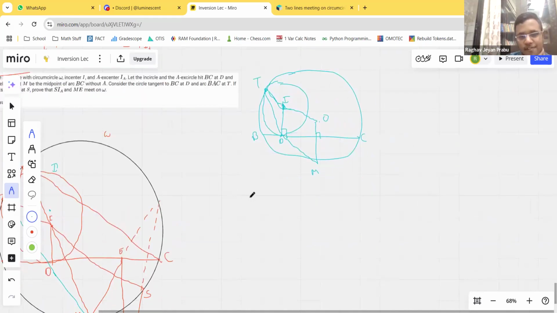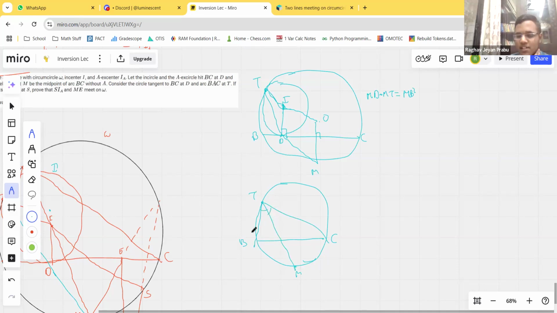Okay. Also, another fact here is that MD times MT is equal to MB squared. Why? Because if M is the arc midpoint and say T is any point here, then since these two arcs are equal, these two angles will be equal.